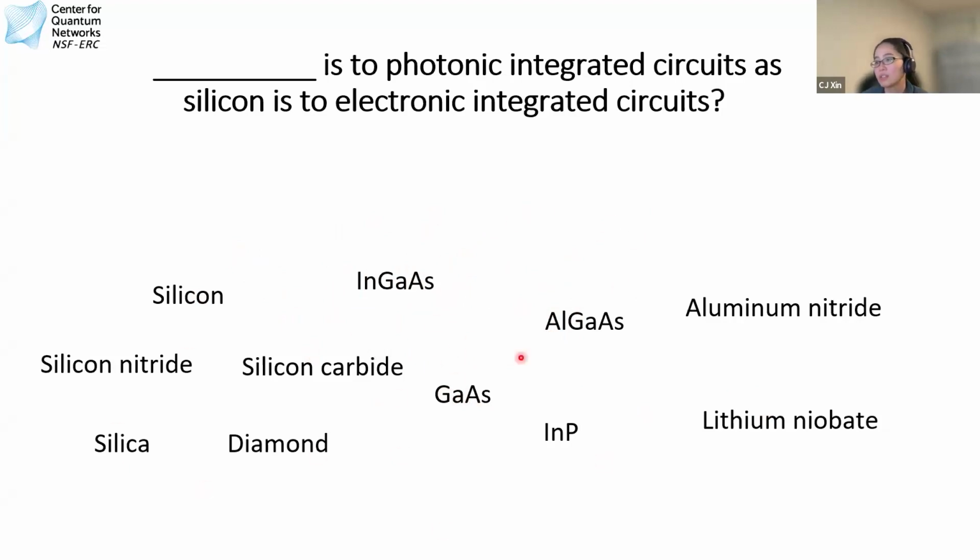And then you have some other stuff like diamond, which is used in bulk, but you try to make some devices on it and see how far you can get. And then things like aluminum nitride or lithium niobate, which previously was mostly used in bulk, but in recent years, or the past decade, you can start making in wafers.